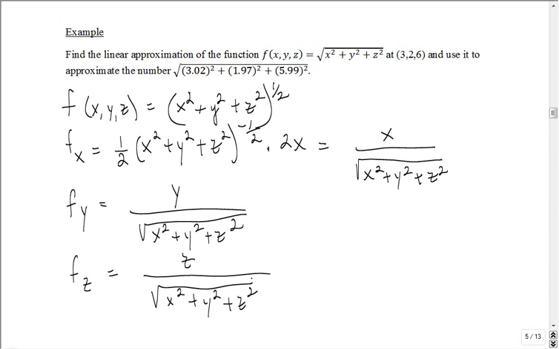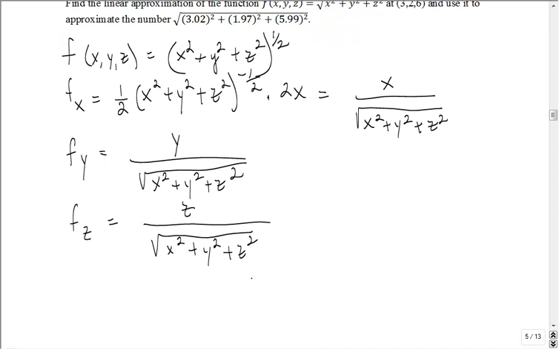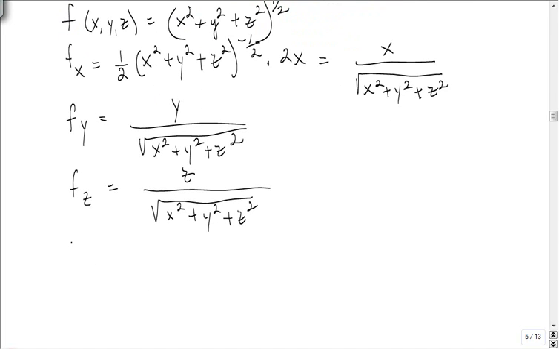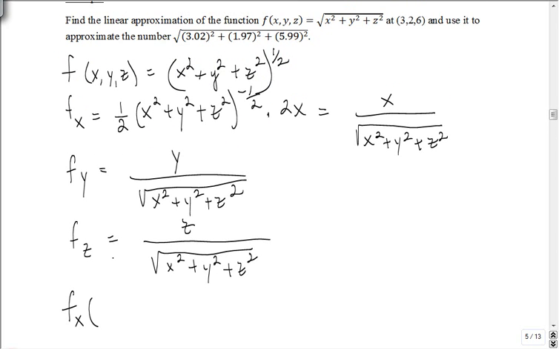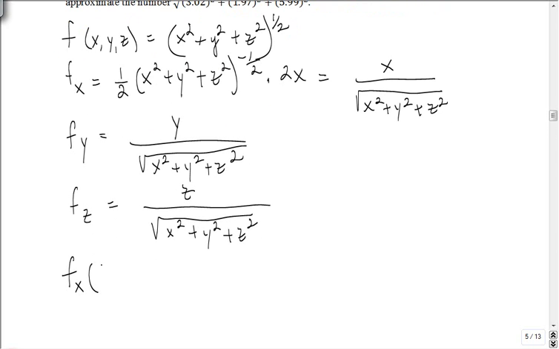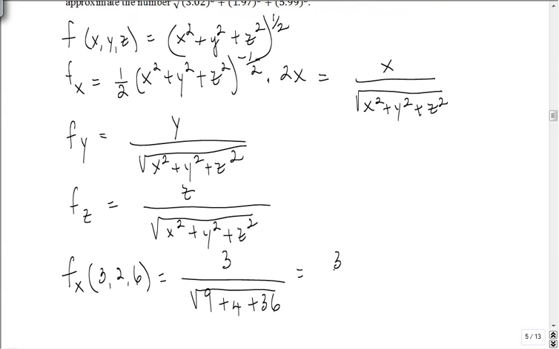Now let's find the value of these partials at the point. So the first partial at the point (3, 2, 6) is equal to 3 over the square root of 9 plus 4 plus 36, which is 3 over the square root of 49, which is 3/7.